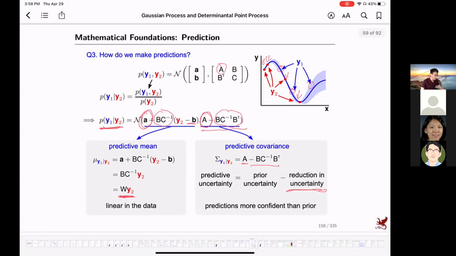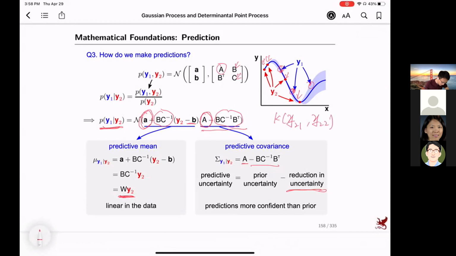Sorry, I think this is a really good point. Because we observed Y2, right? And because we observed the X values corresponding to Y1s, if we use the kernel function, we can actually calculate these terms. Do you see what I'm saying? For the kernel function, let's say Y21 and Y22, these 2 data points.